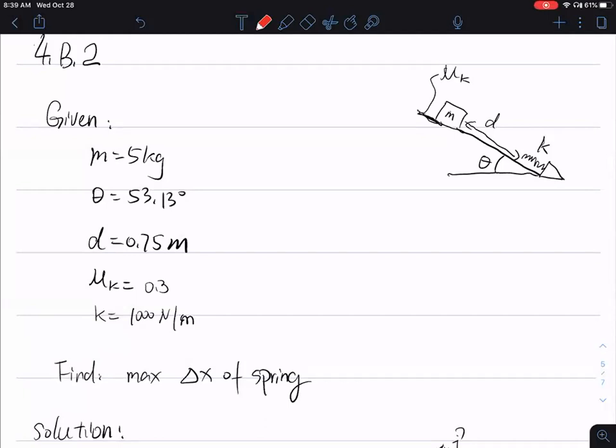Ground? Yeah, you can pick ground. Or you can just pick the starting point as a 0 reference point. Doesn't matter which one, but make sure you define that 0 reference point. Let's all agree that this height is our 0 reference point.